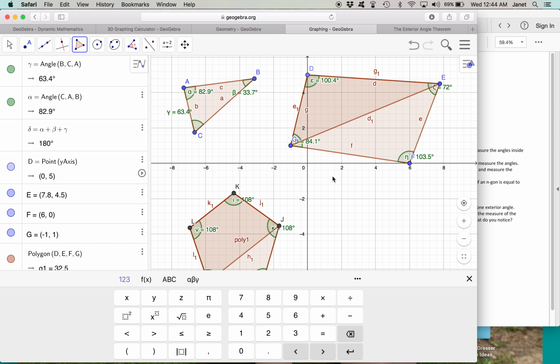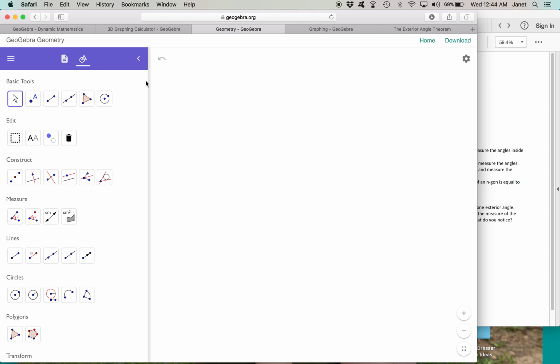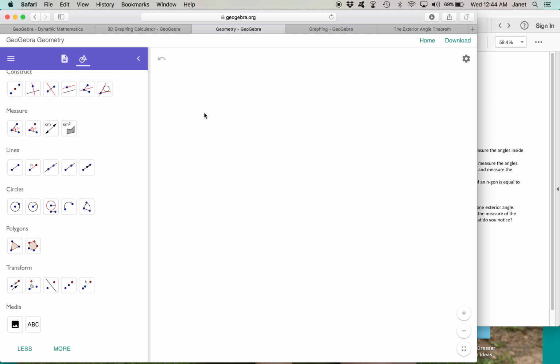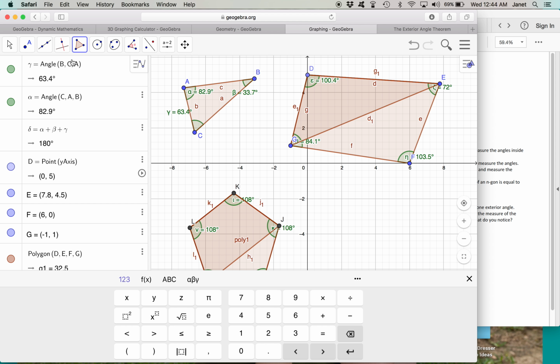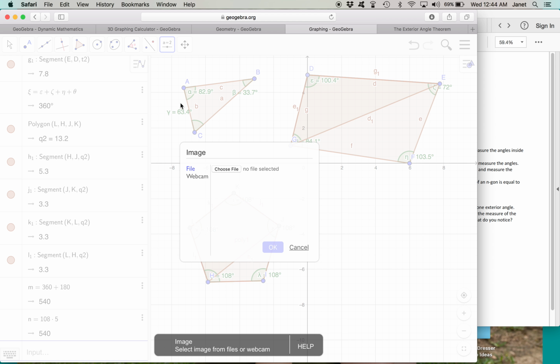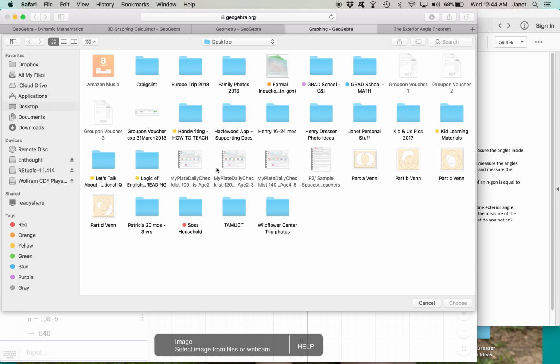Now, if you want to look at the formal proof, there's a tool that you can use. It's a media tool here. Also in regular GeoGebra, it would be under the slider here, where you can add an image. I'm going to go ahead and add one, and I've already saved it as a file.